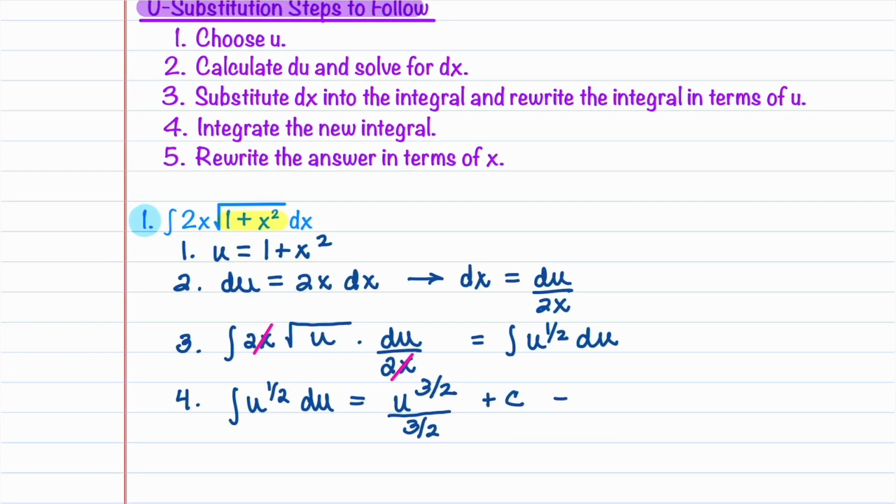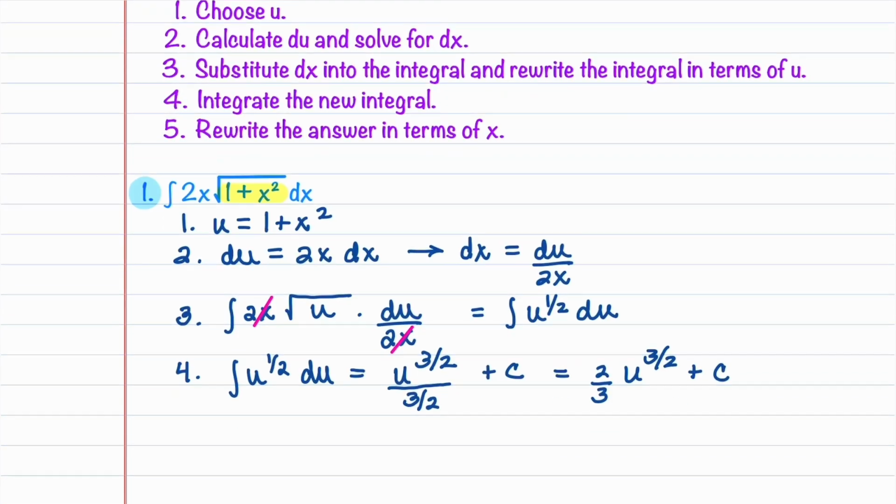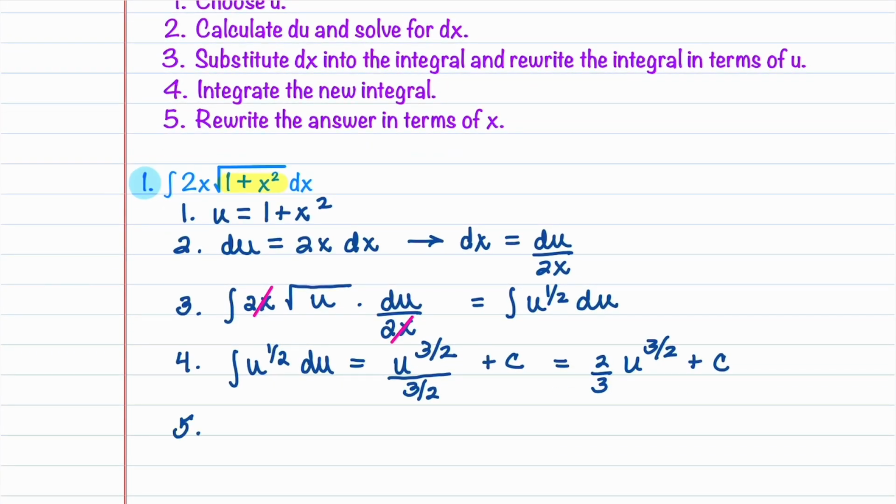And let's rewrite this as 2/3 u to the 3/2 plus c. Our last step is to just rewrite our answer in terms of x. This gives us the answer 2/3 u, which is 1 plus x squared, to the 3/2 plus c. And there's our answer.